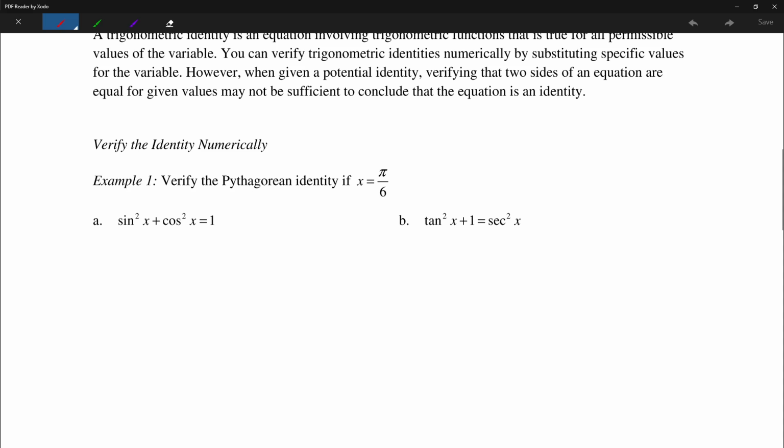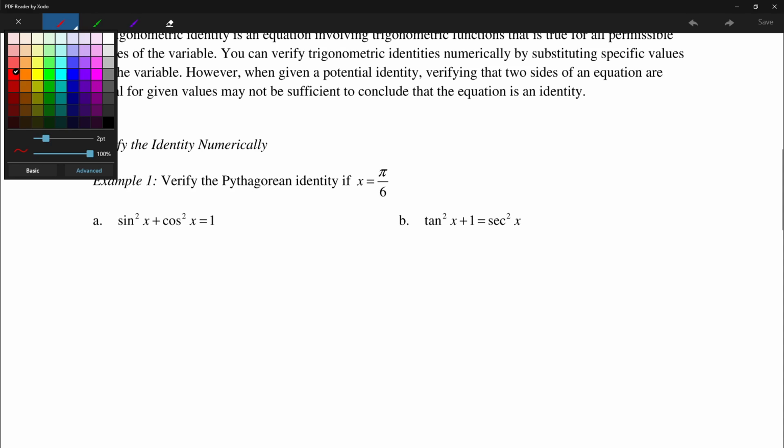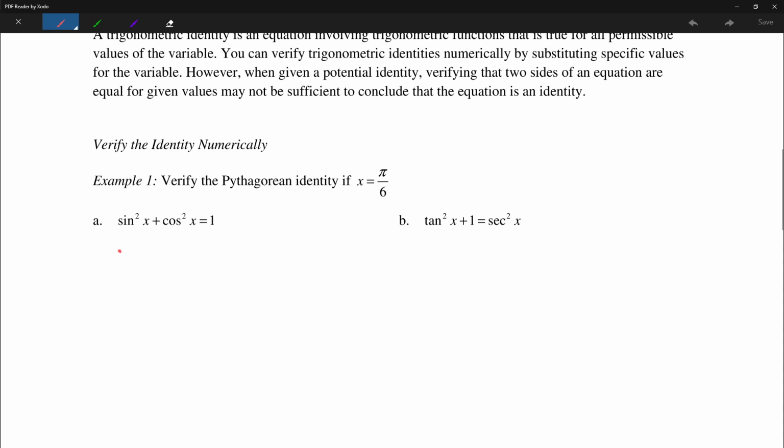So in this first case here, we have sine squared, and then we'll substitute in pi over 6, and then cosine squared, and we'll substitute in here pi over 6 as well. And it should be equal to 1 on the right hand side. So sine pi over 6 is equal to 1 half.